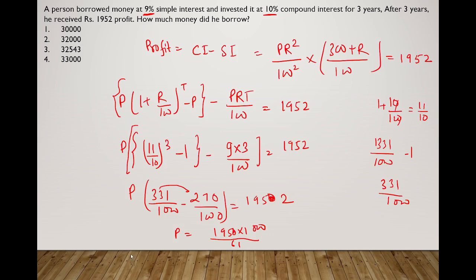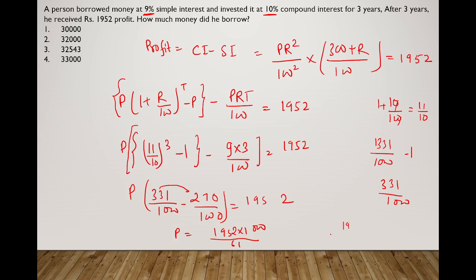Okay, erase it. Where is the eraser? Okay. Where is my pointer? Oh, where are you? Just close to me. So let's see whether 1952 is divisible by 61.